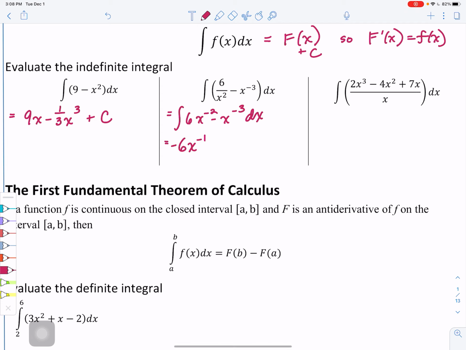All of that is the antiderivative evaluated at -2. And if you work this out, I believe you get -35. Yes. And you can check that using Math 9.